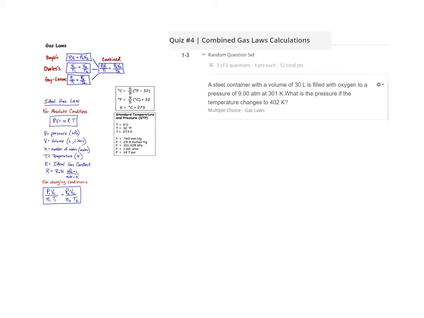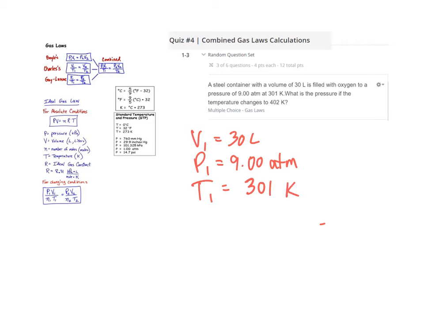It says a steel container with a volume of 30 liters, let's call that V1, filled with oxygen to a pressure of 9.00 atm, at a temperature of 301 Kelvin. What is the pressure if the temperature changes? We're looking for P2, if the temperature changes to T2, 402 Kelvin.